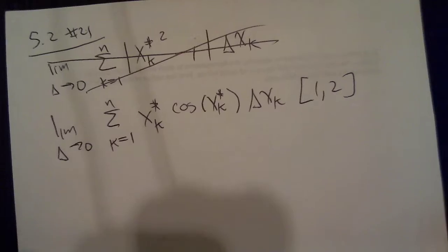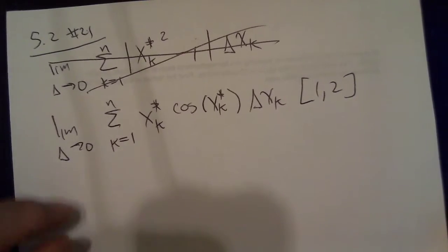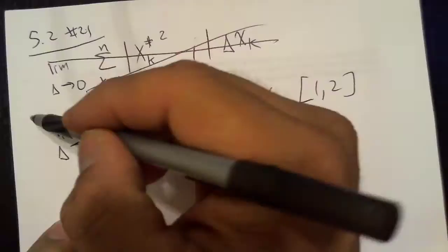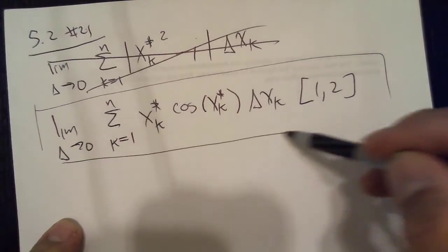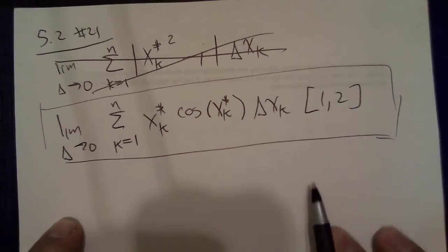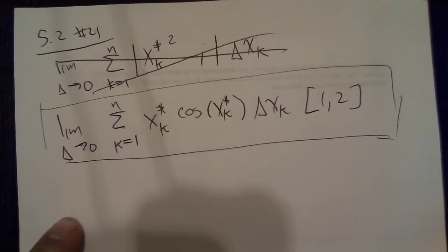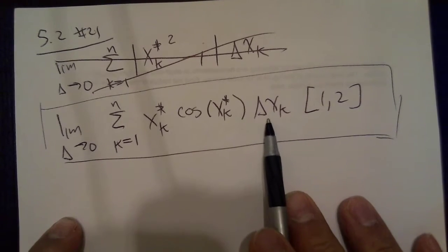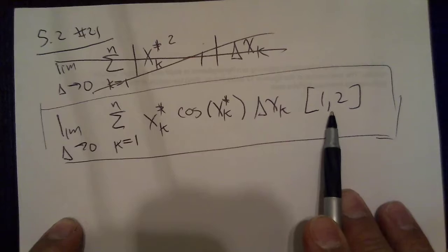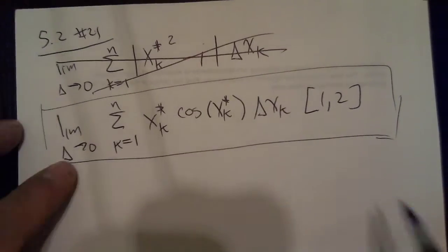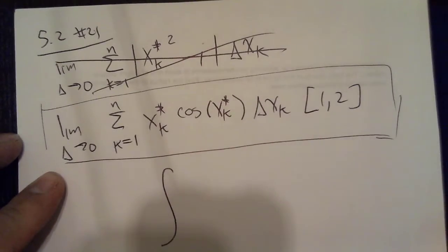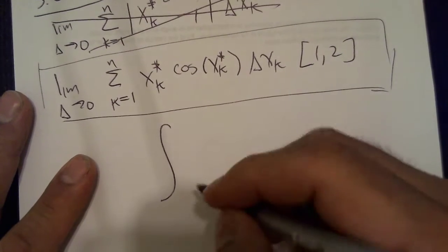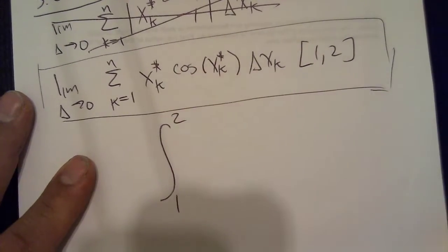Okay, so for this one here, again, all we're really trying to identify is match this up with our definition of the Riemann sum as a definite integral. They give us the limits of integration, so I know it's going to look like the integral from 1 to 2, right?